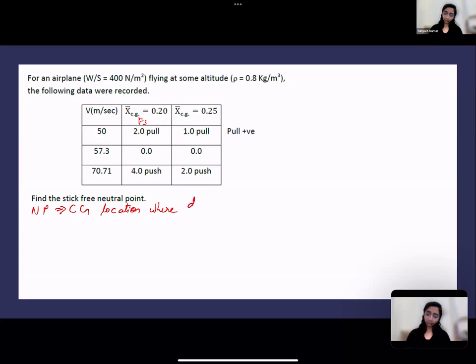One condition we saw is where DCM by DCL is 0, correct? But if you were to do this while taking experiments, what is the other condition? Neutral point is the CG location where d delta E by DCL is 0, correct? Please do correct me if I'm going wrong, okay?